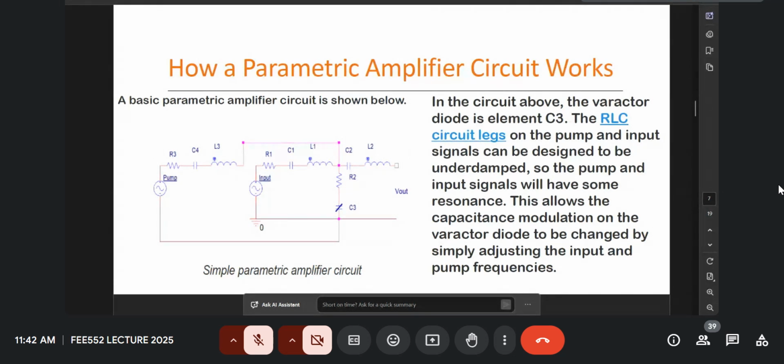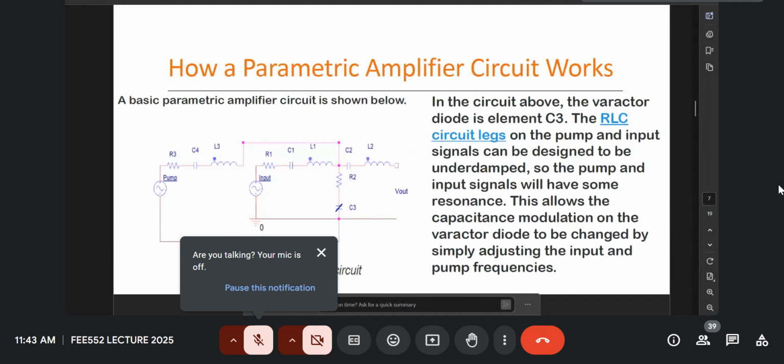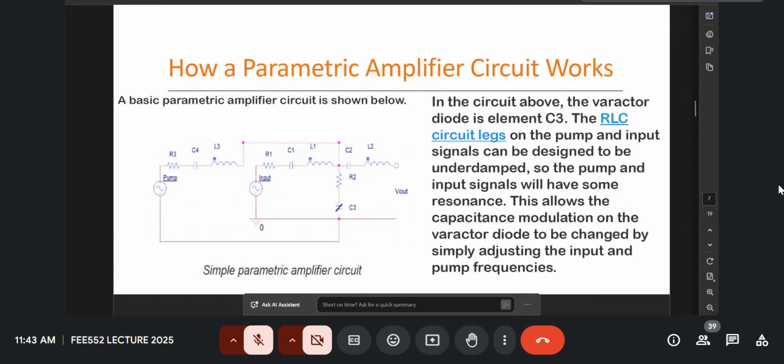And the capacitive parameter is provided by the varactor. So we make use of its capacitive-voltage relationship to modulate it, and it produces an amplified output with frequencies of harmonics of FP and FS.